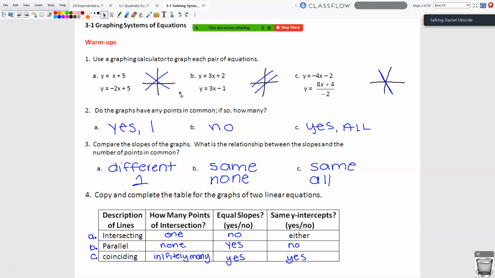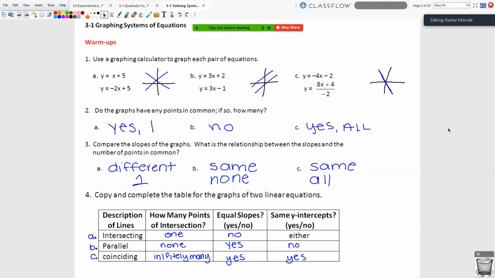Alright, so how many points do they have in common? We said yes, A had 1, B had none, and C had all. For part A, it says compare the slopes of the graphs. What is the relationship between the slopes and the number of points in common?